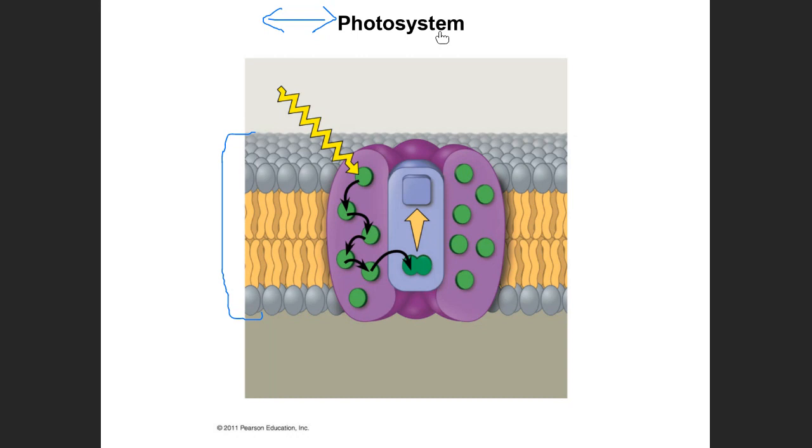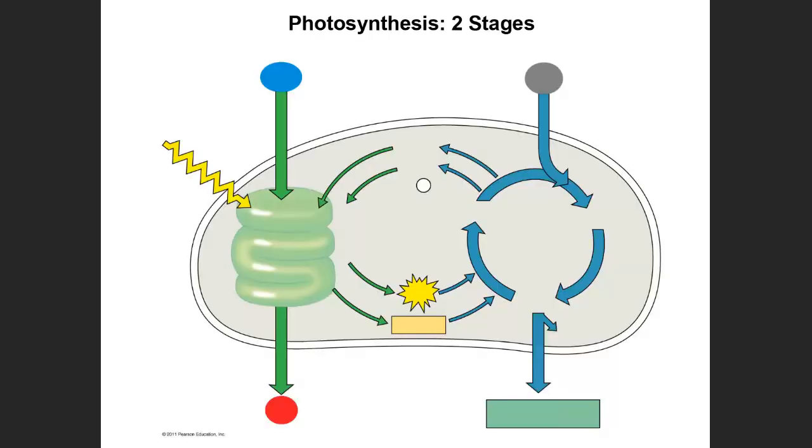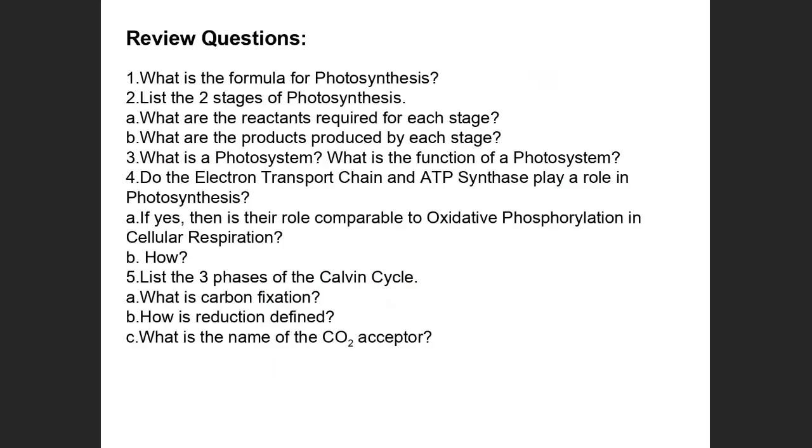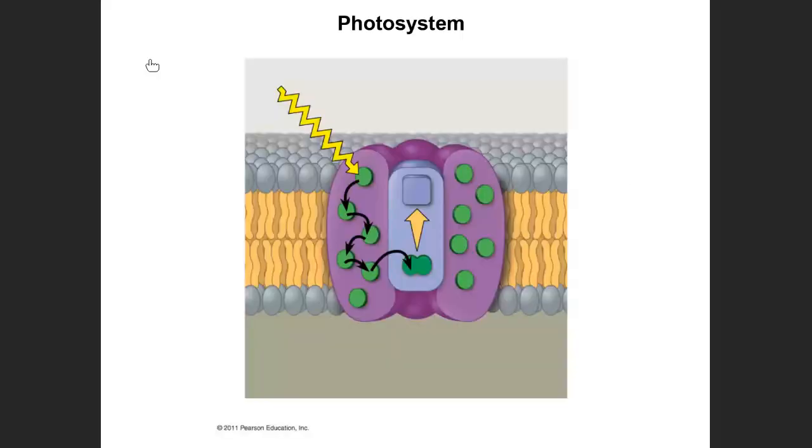Right. Okay. And again, going back here, the light reaction occurs here in your thylakoids. Okay, that's where we will find photosystems. So let me ask you again. So what does this represent then?